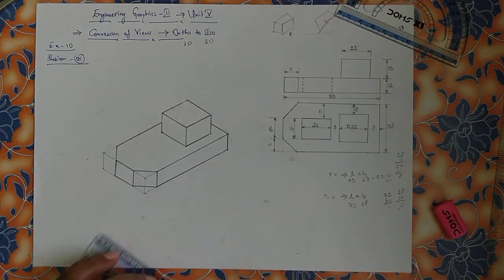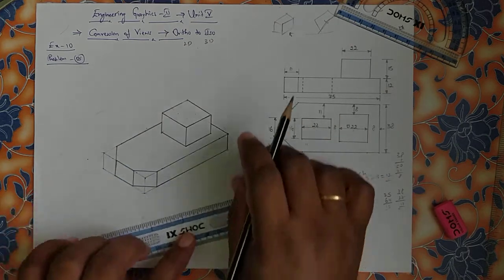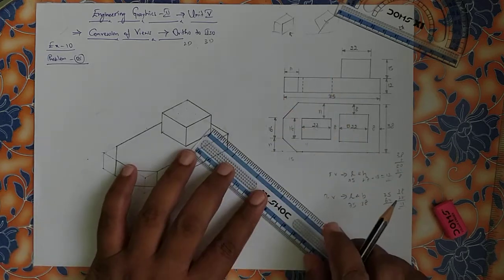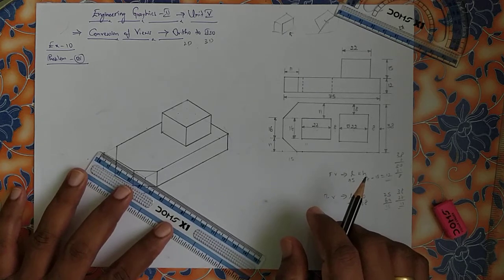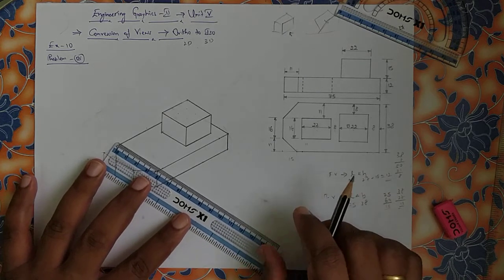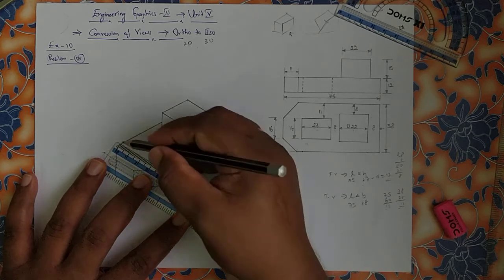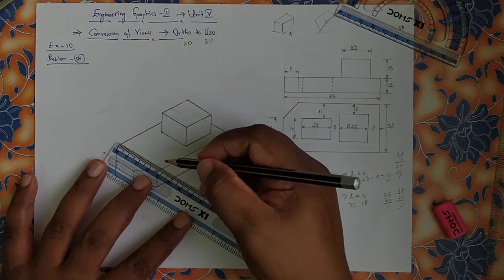How can I show it? See, 16 line after 11. Here I have drawn 11, right? Between these two, 38, it will be from top 11, from here 11, right?